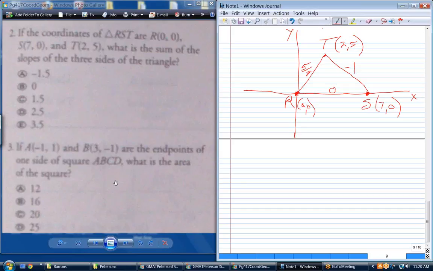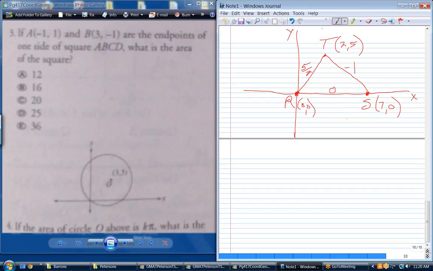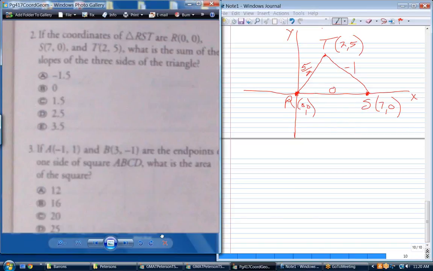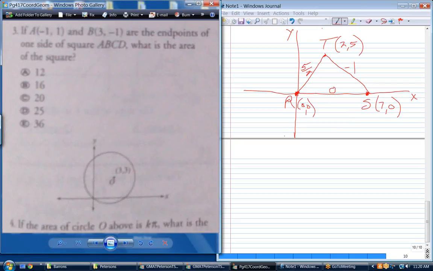Right. And that was a case where, in retrospect, the picture wasn't really needed because what we did was algebra, as all we did was figure slopes between each pair of these 2 points. But the picture certainly helped.